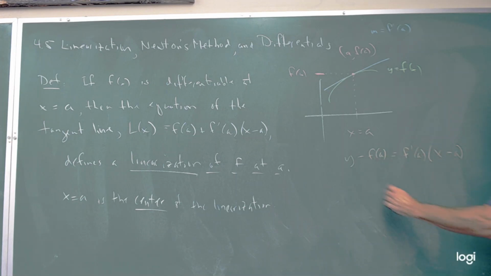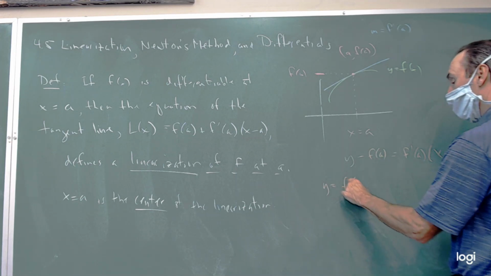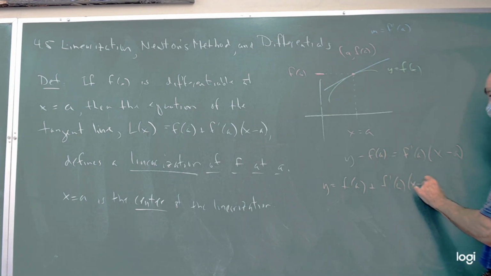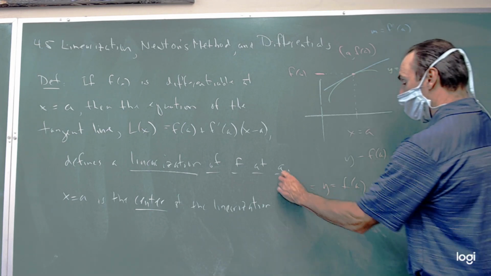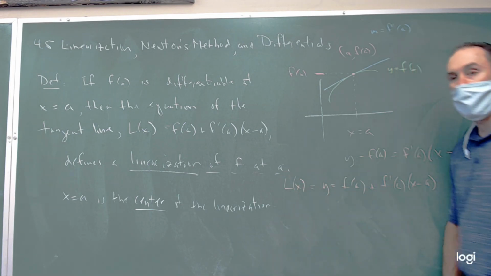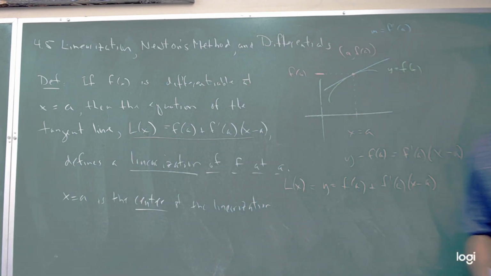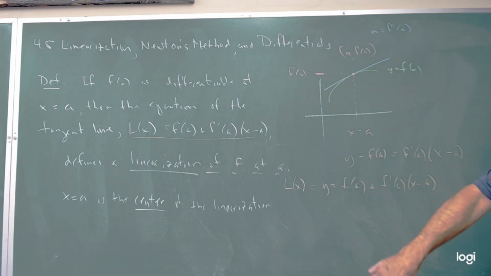I add the f of a to the other side, so it's f of a plus f prime of a times x minus a. And then, just to further obscure things, we'll rename it as L of x. It's just a tangent line.